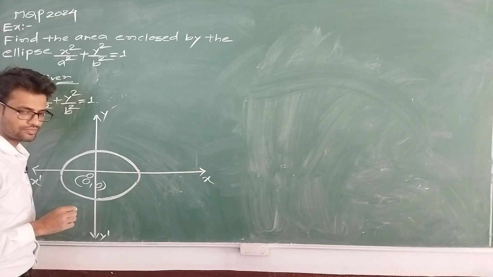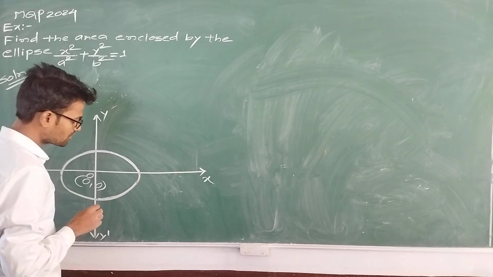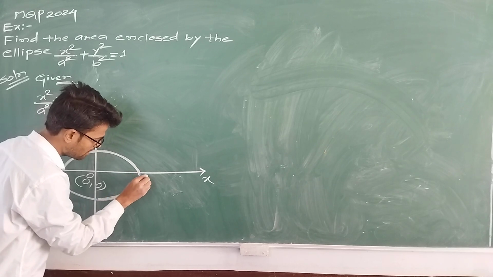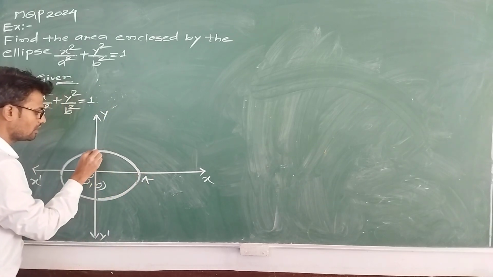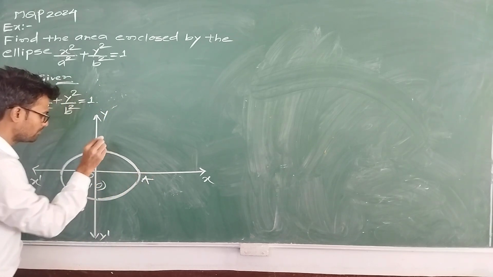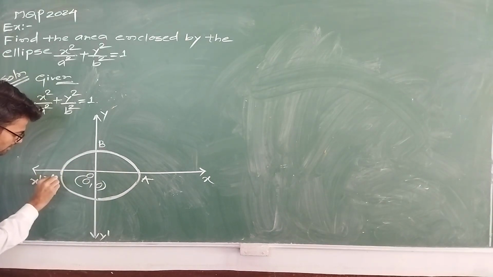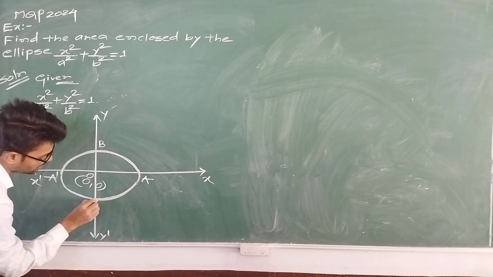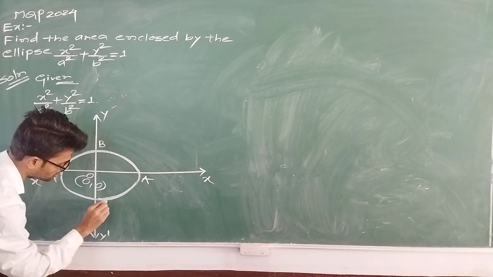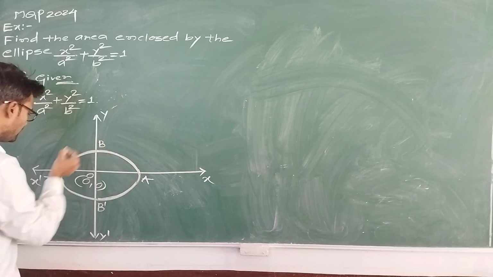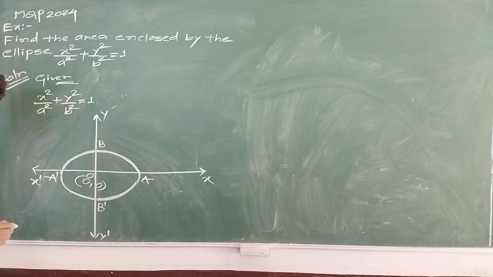Now this curve cuts or intersects the x-axis at the point A, the y-axis at the point B, the negative x-axis at the point A dash, and the negative y-axis at the point B dash. Now it is required to find the coordinates of A, B, A dash, B dash.